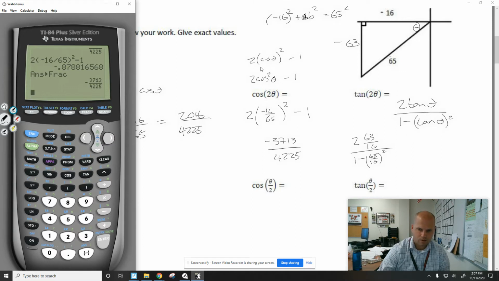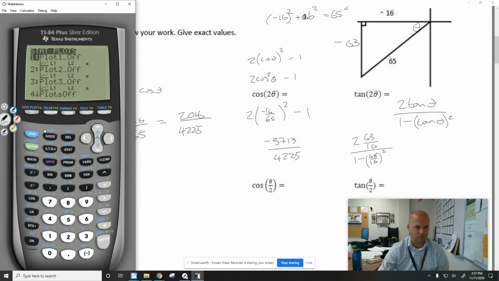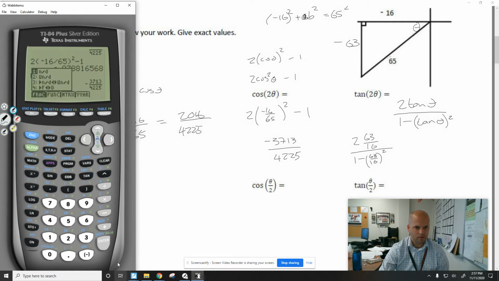Be glad you're not doing this by hand. Probably back in the day, I would tell you guys to split this into 2 different things and then divide them. But with the fraction button, does this have the fraction button? Yeah. You can just be like, 2, let me throw another fraction up here.